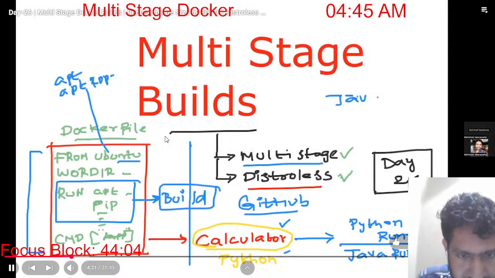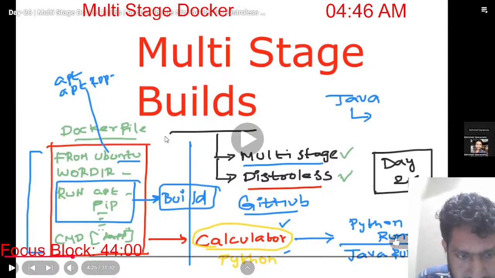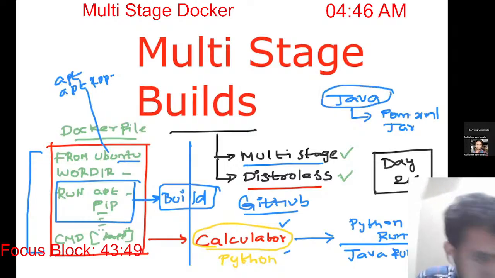To build your Java application, you might want hundreds of Java libraries that you want to put in your pom.xml, or you might require a lot of jar files while building it. But to execute your Java application, you only require the JRE, the Java runtime, plus your Java binary.